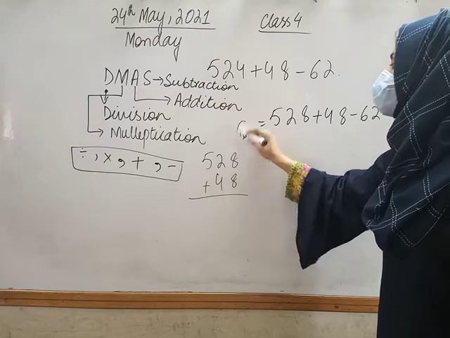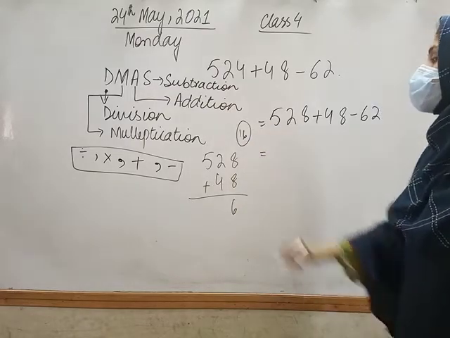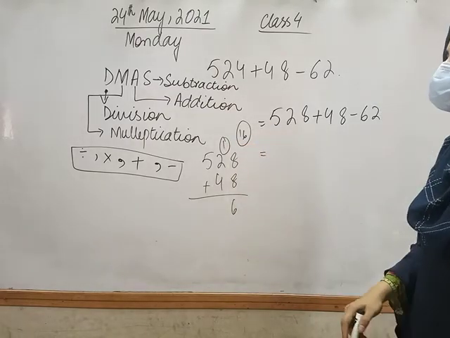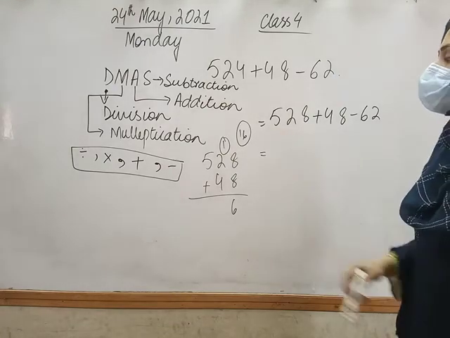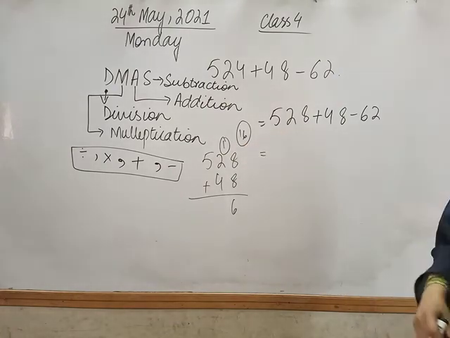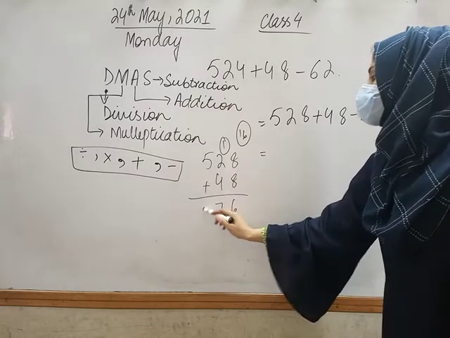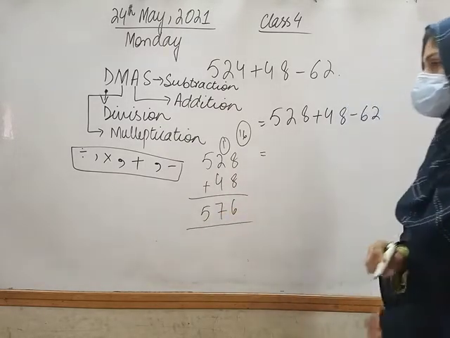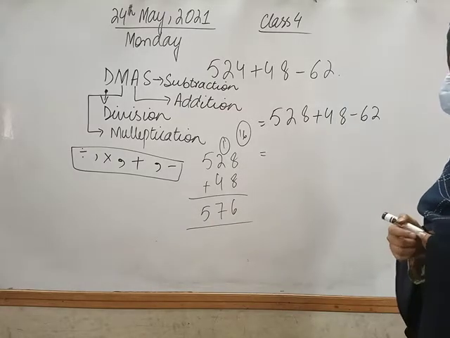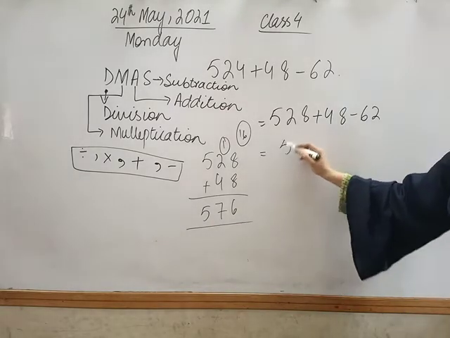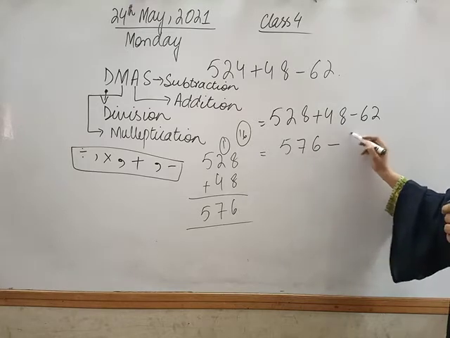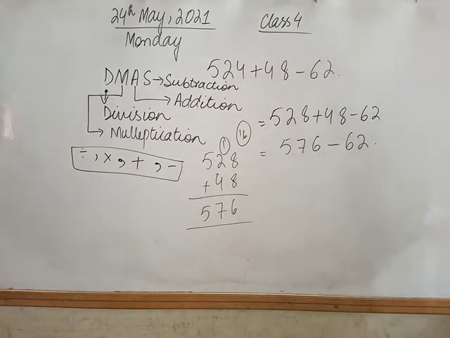We have a two-digit number, so I will write 6 here and 1 as a carry. Next we have 2 plus 1 is 3 and 3 plus 4 is 7. Now we will write 5 here. Fine. 576 minus 62.